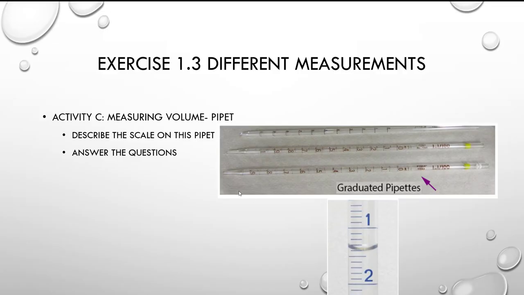But you can see here the length of the pipette. This goes from 0 to 10. So the full 10 milliliters would be if I went all the way to the tip. That's the full distance here. So if I suck up the liquid, I would want to suck it up to the 0 mark, and then push all that liquid out if I wanted the full 10 milliliters.